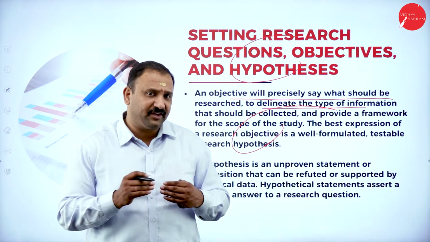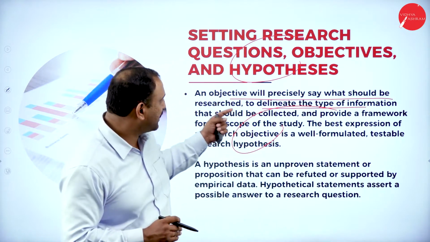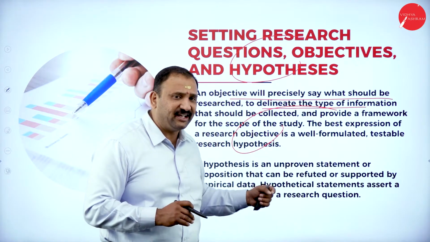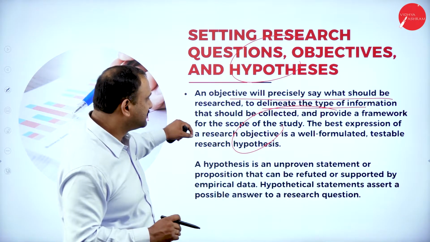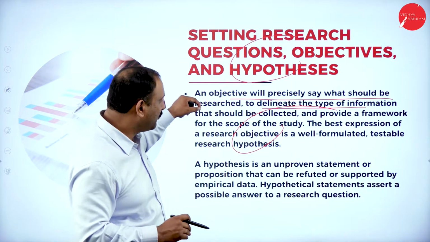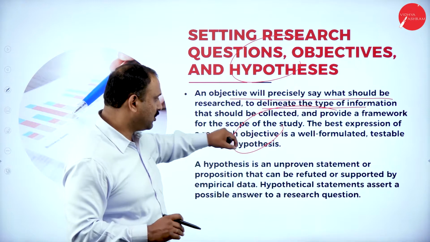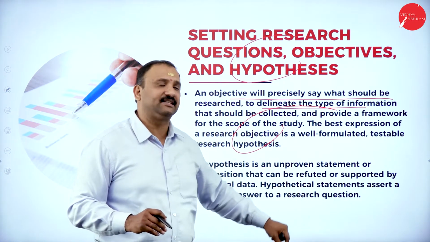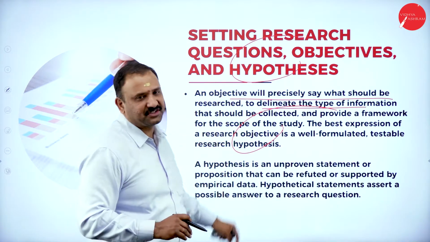So from the literature review, once we have identified the gap, we will start coming into the position of setting up the objectives of the research. The objectives of the research will actually help us to frame and go for the scope of the study. The best expression of a research objective is a well formulated and testable research hypothesis.